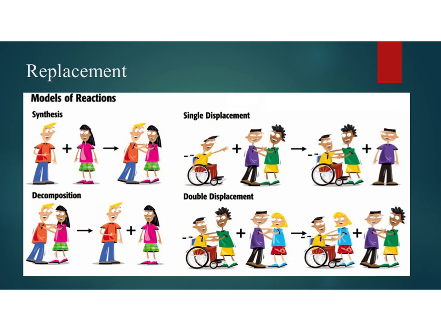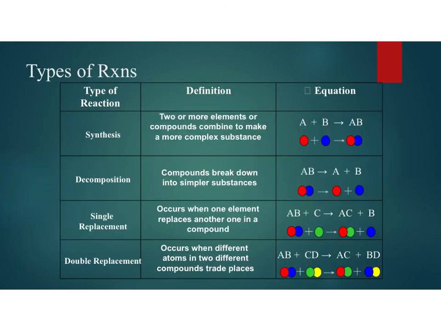Then we have our replacement reactions, where we have the single replacement. So one part goes in and replaces the other part, and then that other part is just left out on its own. Or we have a double replacement, where 2 parts are switching to create 2 new things over on the product side. And just one more visual to help you see what's going on.